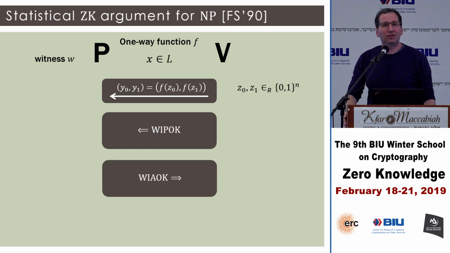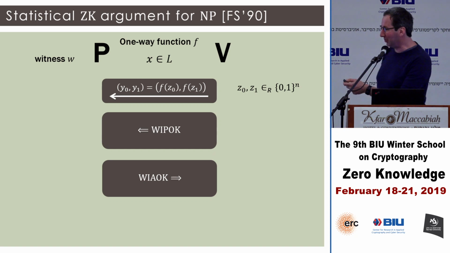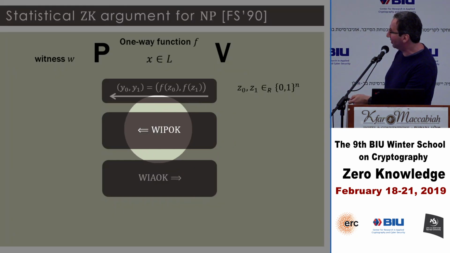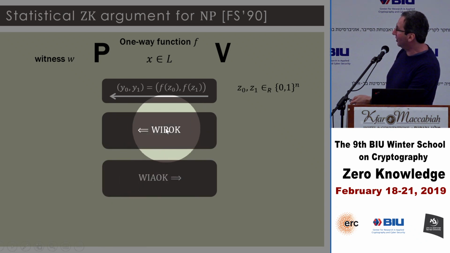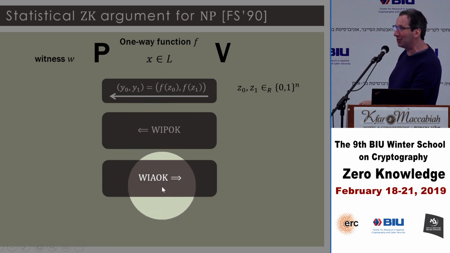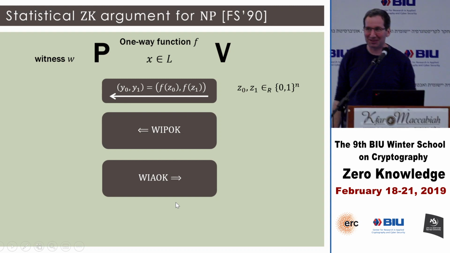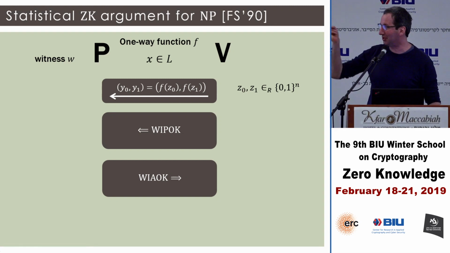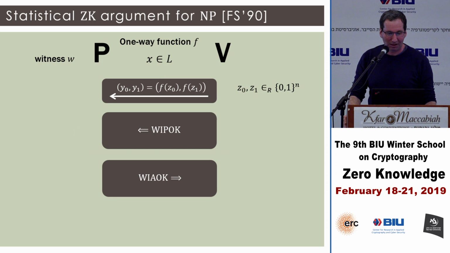Once they're done with it, they engage in a witness-independent argument of knowledge. I want to point out the subtlety here. You see here is WIPOK, and this is WIAOK. When I say WIPOK, I mean indistinguishable proof. When I say IA, I mean independent argument. Okay? So this is the difference between the two, the duals of each other that we talked about.